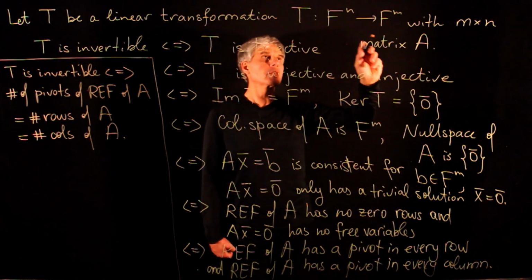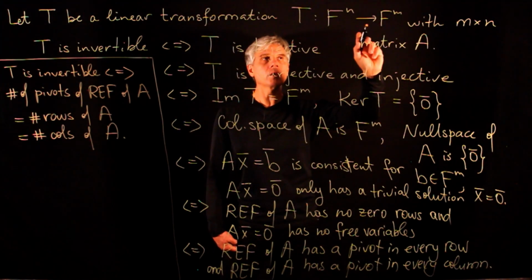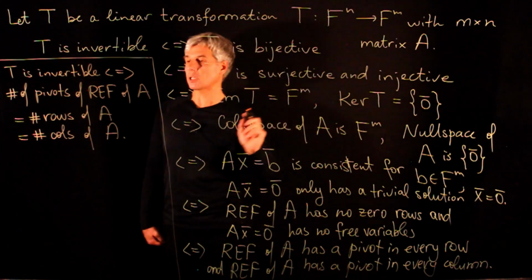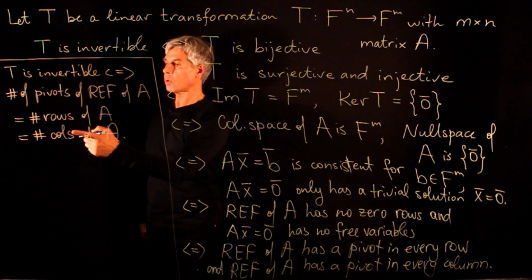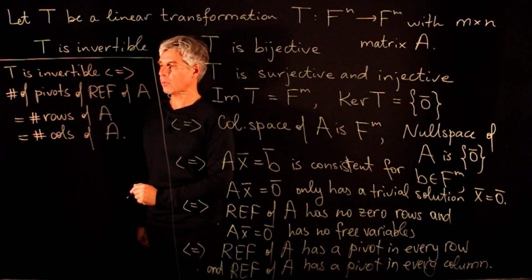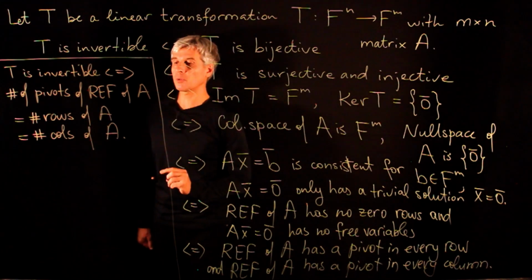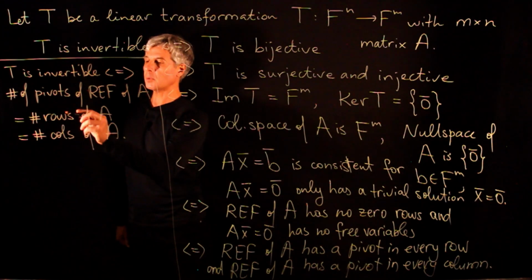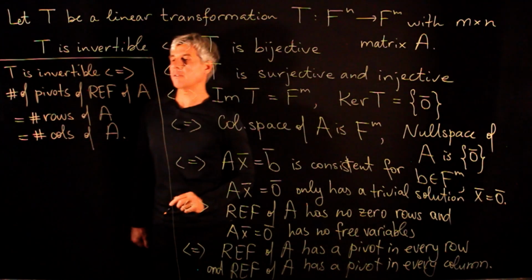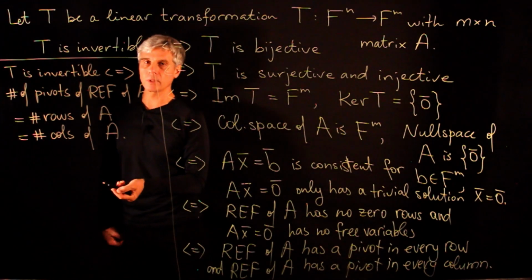Of course, this equality of m and n is only a necessary but not a sufficient condition for invertibility. Because if we just know that the number of rows and the number of columns are the same, this doesn't mean that the number of pivots of row echelon form are also equal to this number. So we could have equal dimensions, but fewer pivots, and then such a transformation will not be invertible.